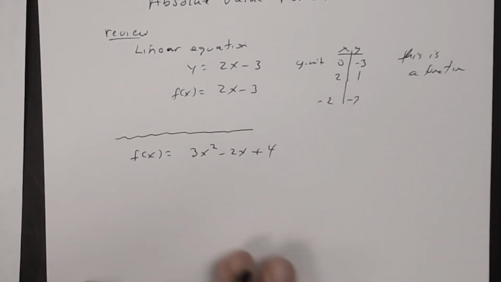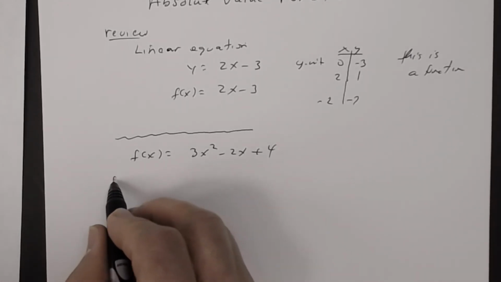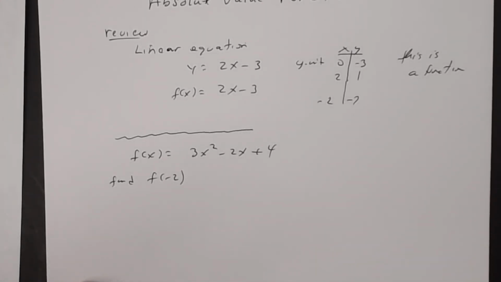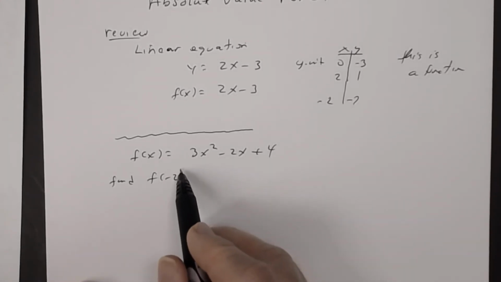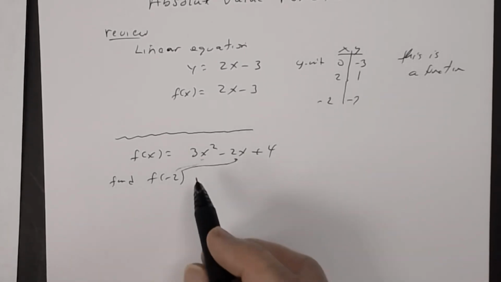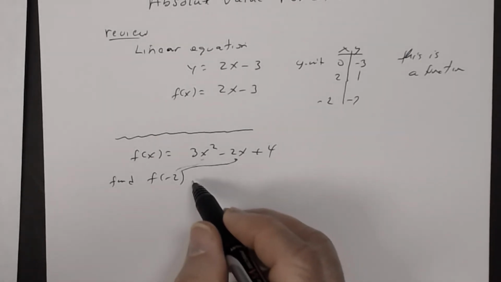With this function notation, you can ask something like this: find f of negative 2. Well, remember, f of negative 2 means that wherever you see the variable x, you're going to substitute negative 2. You had something like this on previous lessons and my math lab worksheets and tests as well.